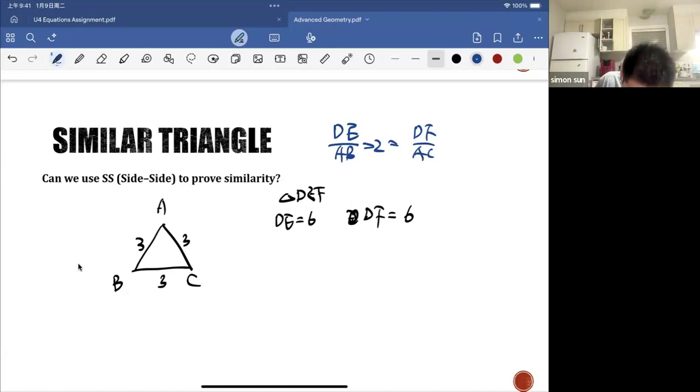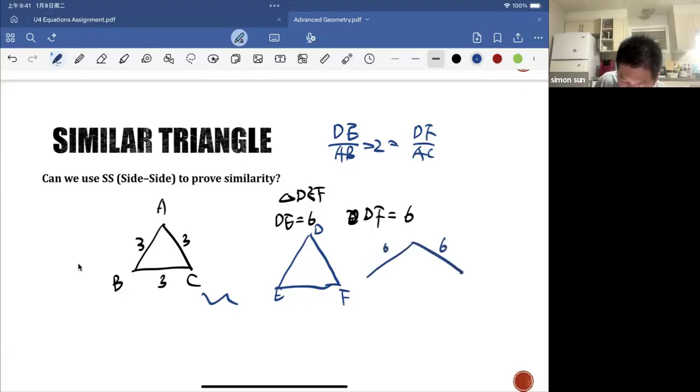Now, if I draw another equilateral triangle DEF, those two will definitely be similar. But wait, I can also draw it like this: 6, 6, and this one, for example, is 11, or this one is 10.